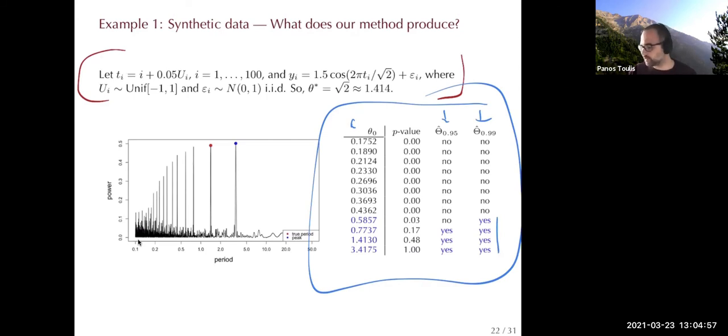You can see in this example that I have a bunch of different periods that are included. And one nice product of our method is that you can immediately see, just by looking at these accepted periods, that there are identifiability issues, right? You can see that 0.5, 0.7, 1.4, 3.4, all of them are consistent with the observed data. And a nice thing here is also that we're not tricked by this peak over here, because the truth is included in that confidence set. So that's a nice feature of our application here.